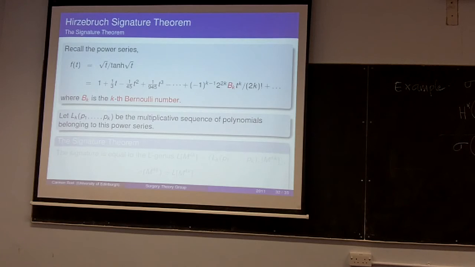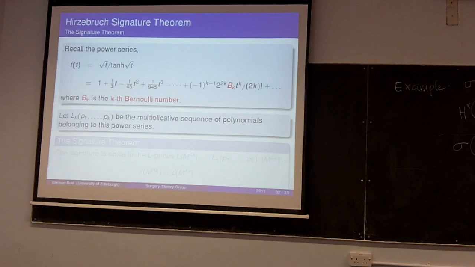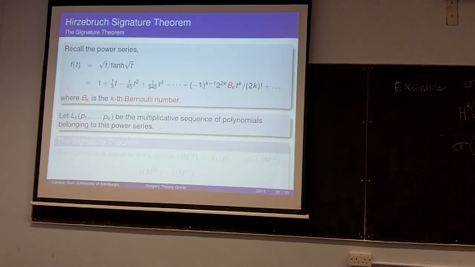So, now that we are going to formulate the signature theorem, we should recall a little bit about the L genus, and the power series that it belongs to. This was the power series in one-to-one correspondence with the multiplicative sequence that gives us the L genus, and we were denoting by L_k that multiplicative sequence belonging to the power series.